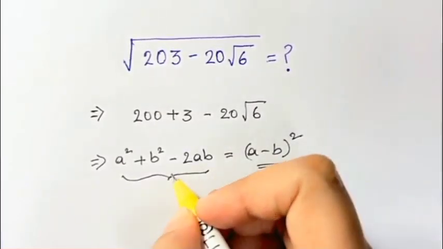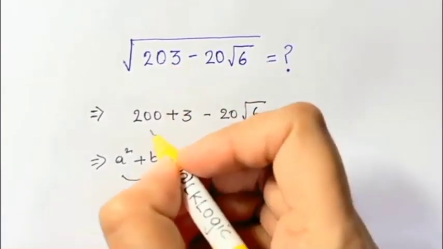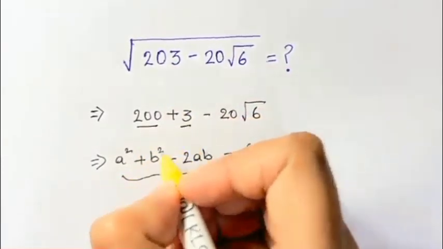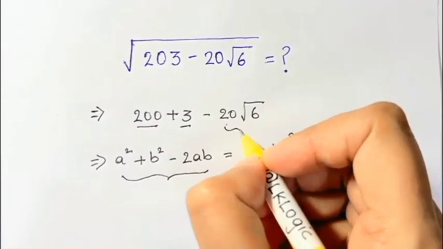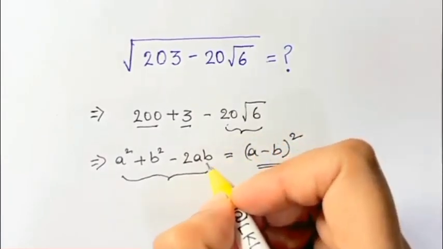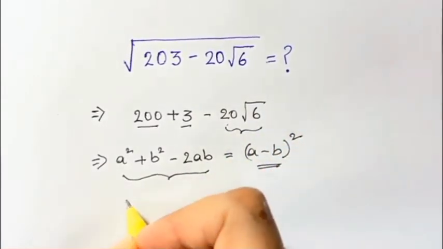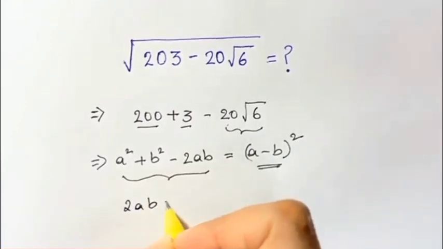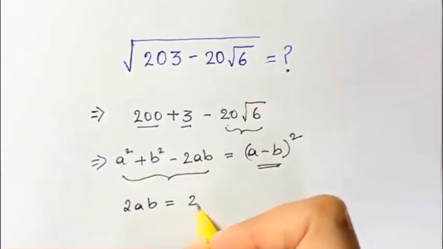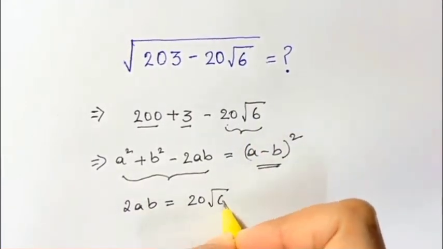So what do I have? The first step I've already done. I've made 203 into 200 plus 3. Now this part looks like it's 2ab, so I'm going to write 2ab is equal to 20 root 6.